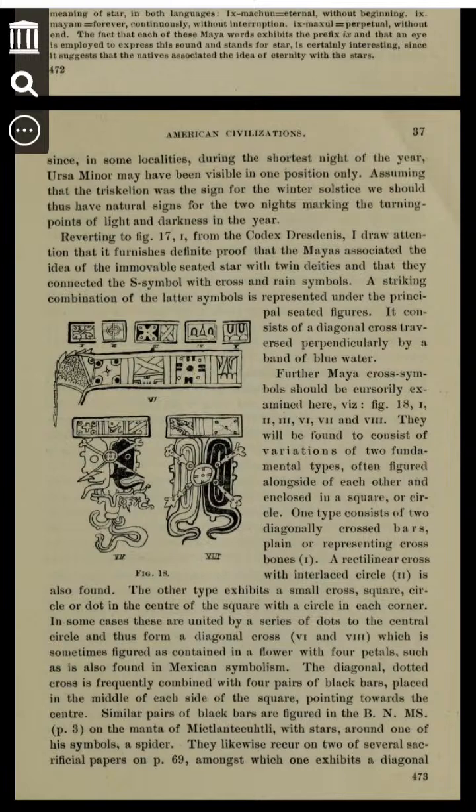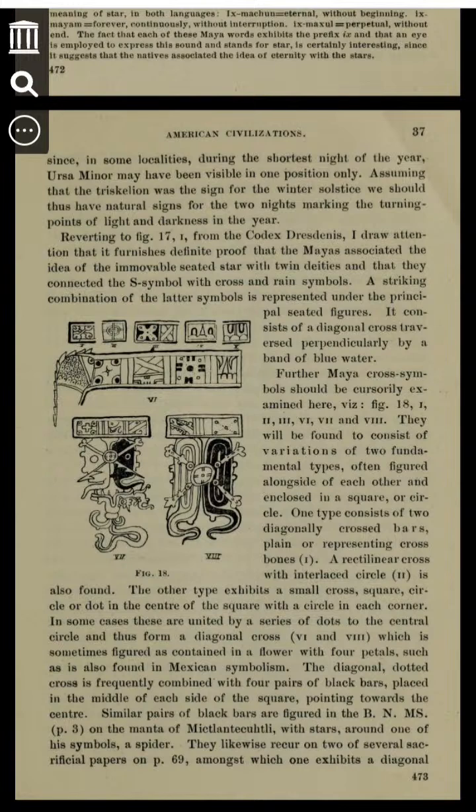A rectangular or rectilinear cross with interlaced circle is also found. The other type exhibits a small cross, square, circle, or dot in the center of the square with a circle in each corner.